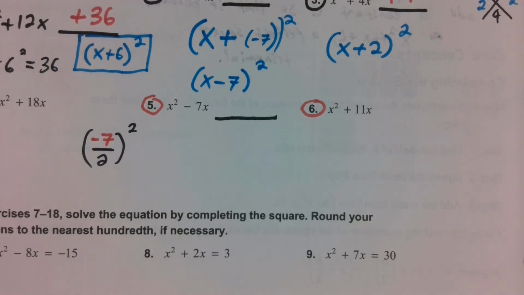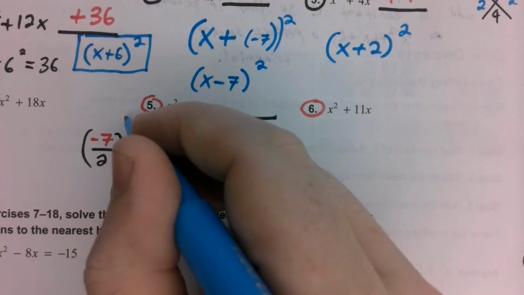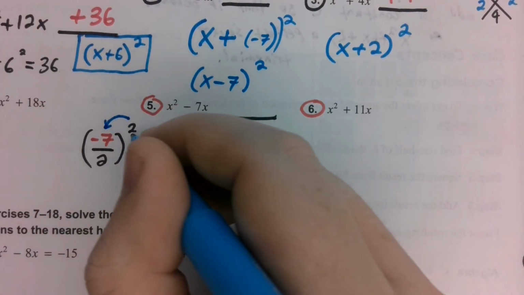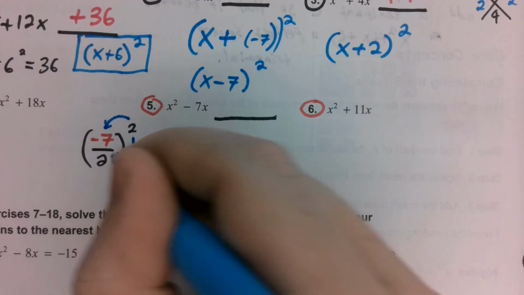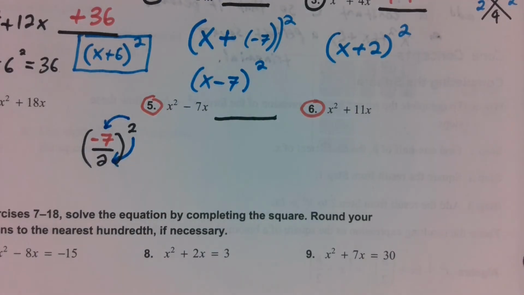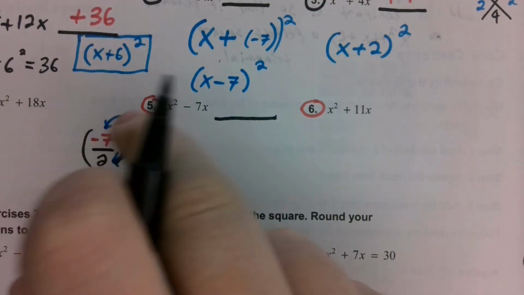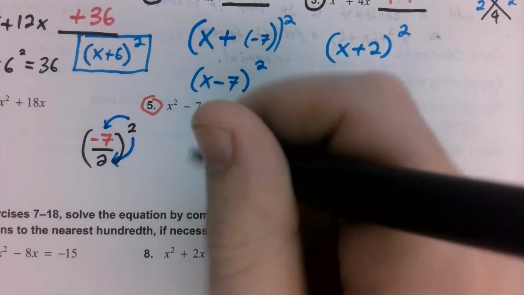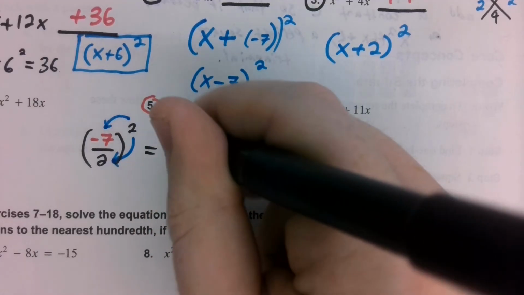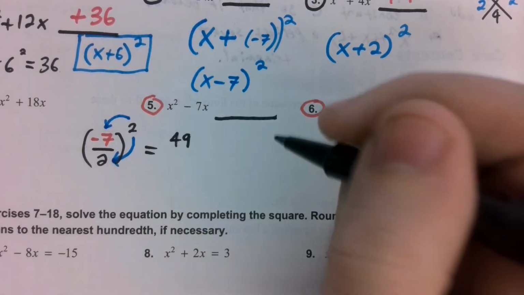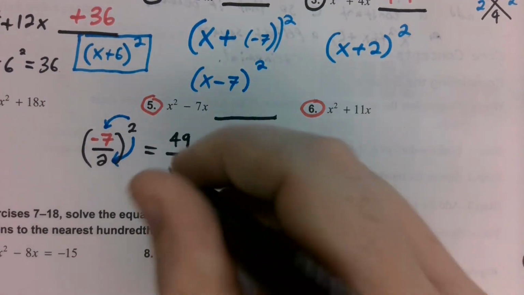Do we remember how to square something that's a fraction? Remember the trick. If you have an exponent outside of parentheses, you just put it onto everything that's in parentheses. So negative 7 squared, or negative 7 times negative 7, is 49. And 2 squared is 4.